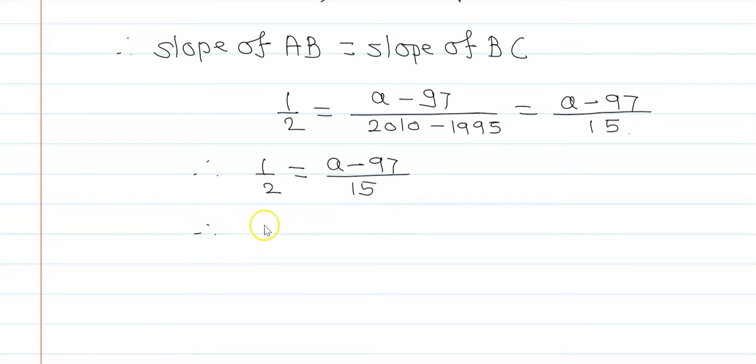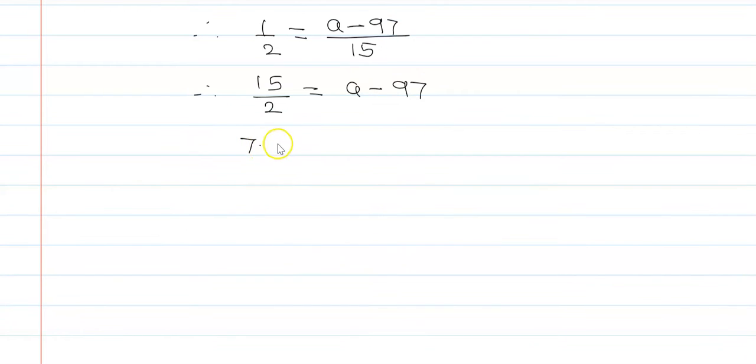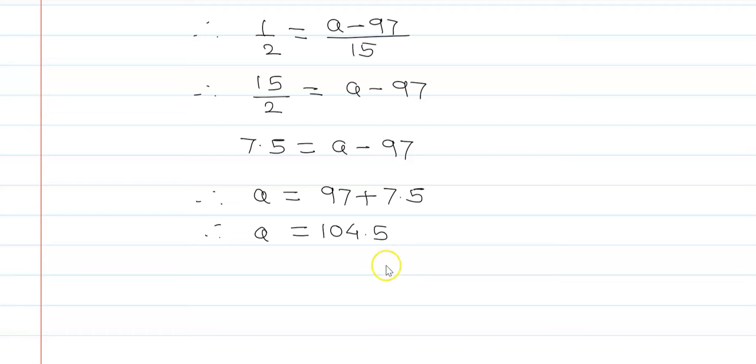Cross multiplying, 15/2 is equal to a minus 97. 15/2 means 7.5, so a minus 97 is 7.5, and therefore a is equal to 97 plus 7.5, and the sum is 104.5.